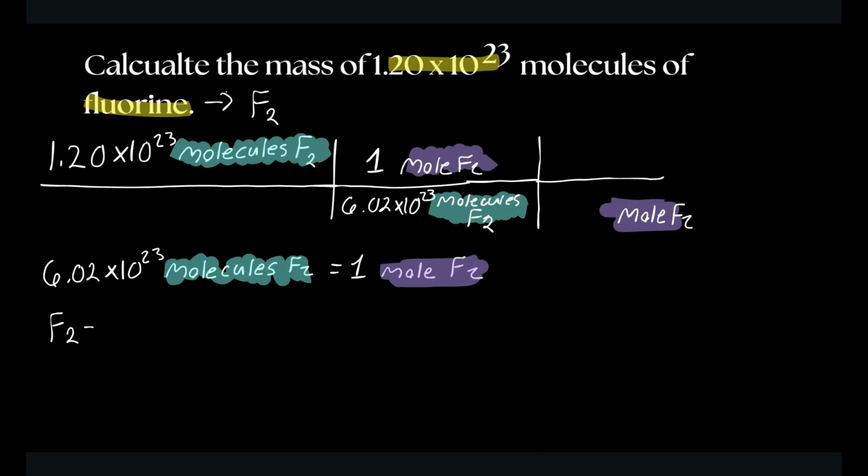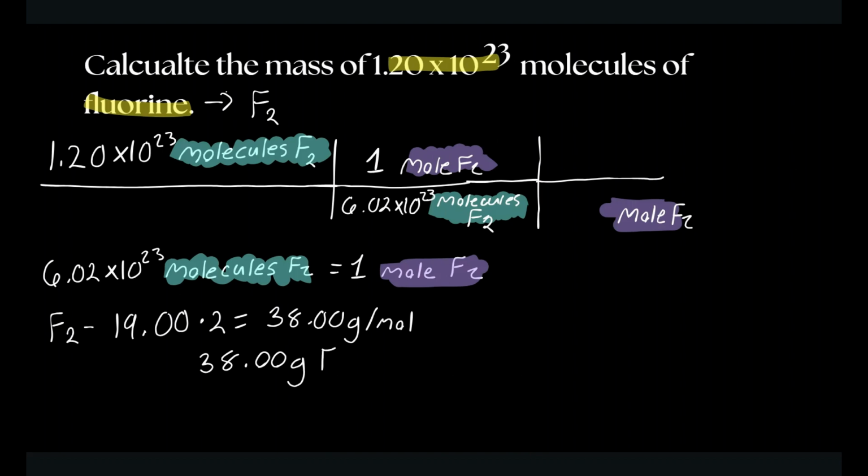Fluorine by itself has a mass of 19.00. We have 2 atoms of it. So all we have to do is 19.00 times 2 in order to get 38.00 grams per mole.